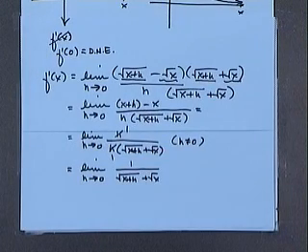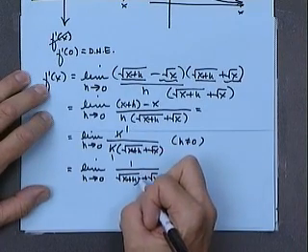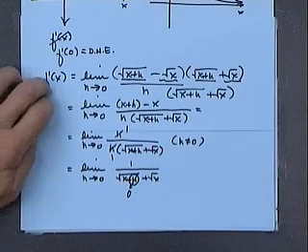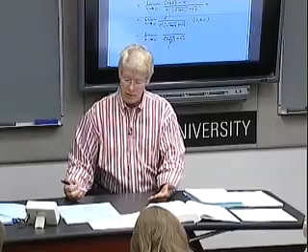What does that denominator become as h approaches 0? That term right there kind of disappears, doesn't it? So the square root of x plus h becomes very, very close to the square root of x plus 0, which is just the square root of x.